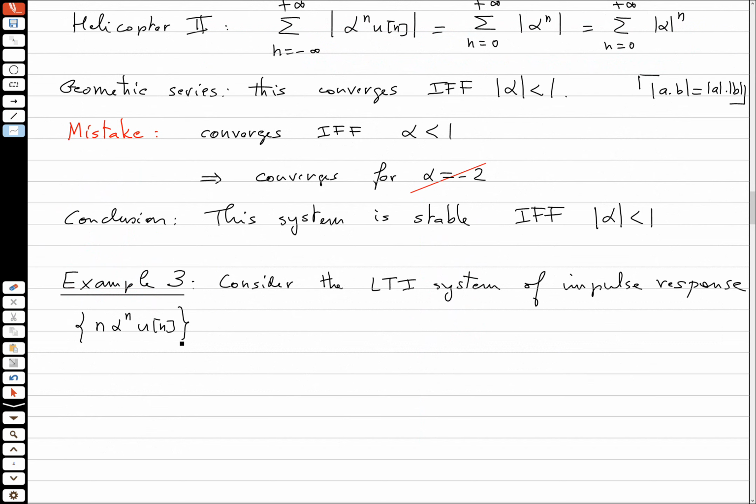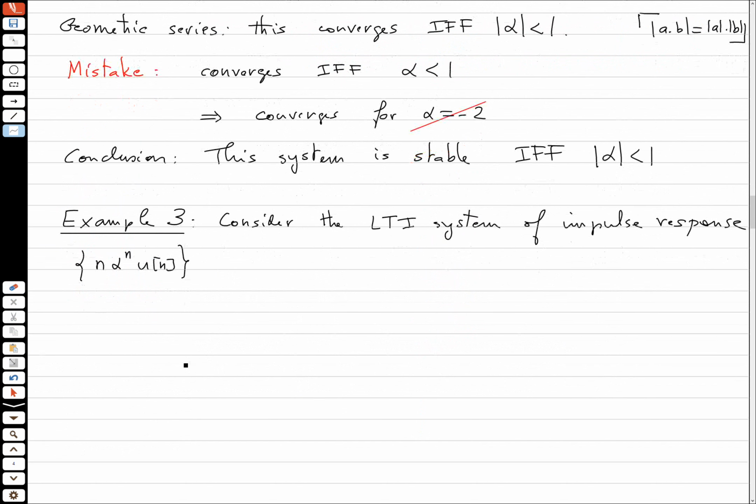So this is harder because n makes it more complicated, right? For example, if alpha is less than 1, this goes to 0, but n meanwhile goes to plus infinity. There's going to be a conflict. But there's a case that is easy to solve.